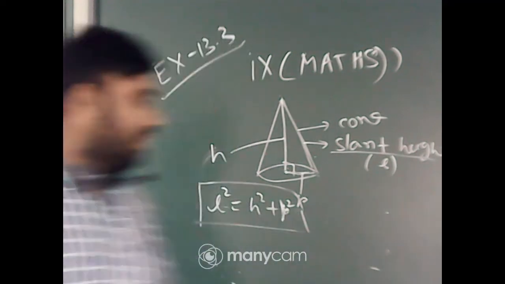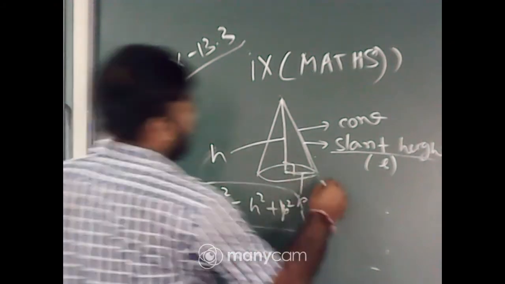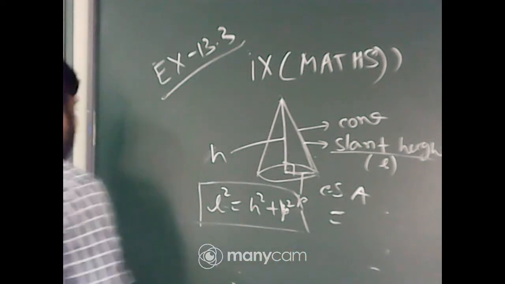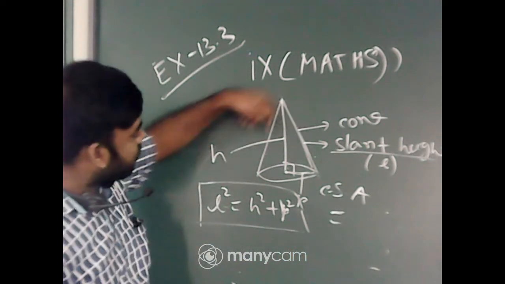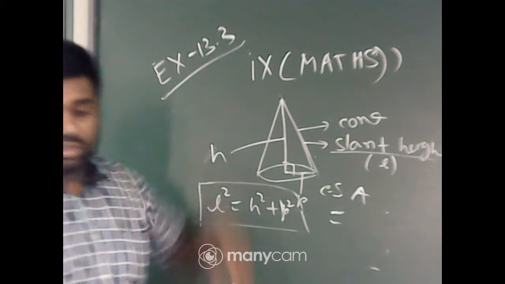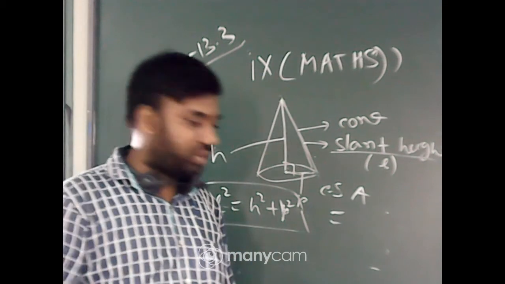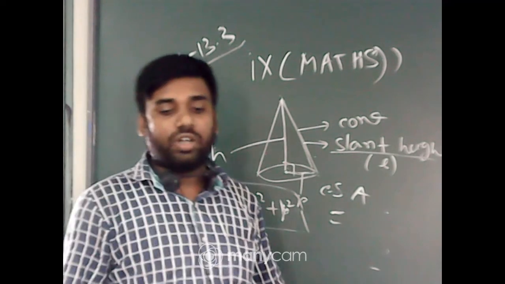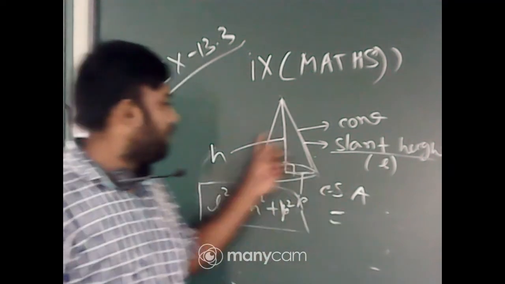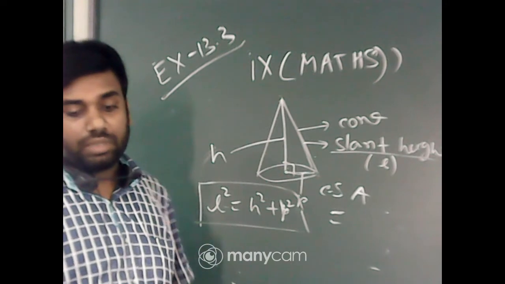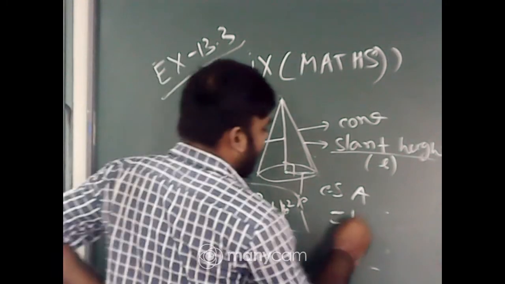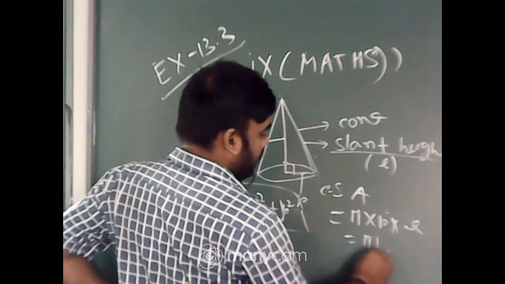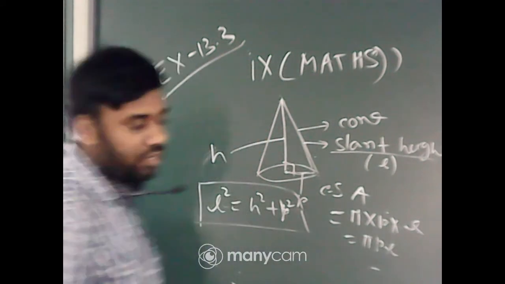Now what is the formula of curved surface area? Curved surface area means only that portion, not the circle area portion. Curved surface is the lateral surface area. The formula of curved surface area is pi r l. Now what is total surface area?